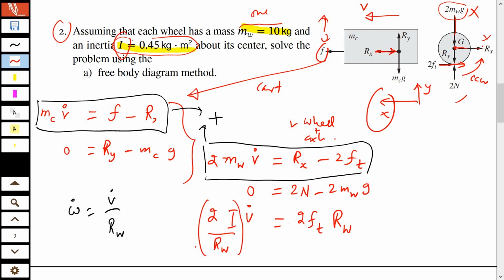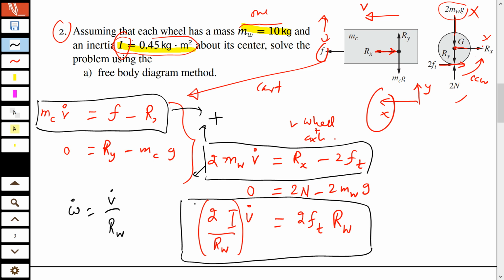Now, if I look at this equation, I have another candidate equation involving V dot, and I can hope to add it just like I added those two equations. The problem here is that it was very easy to cancel out this Rx here and here.